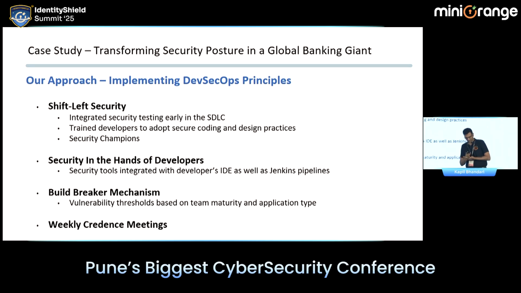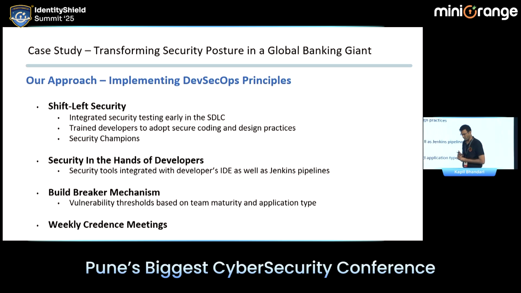First of all, we analyzed how we can enable the security tools which they were using, and how we can empower the developers to perform security, so that they don't need to wait for the central InfoSec team.